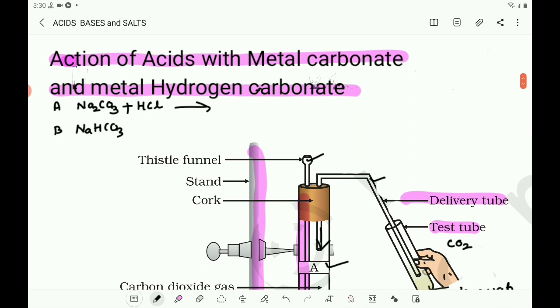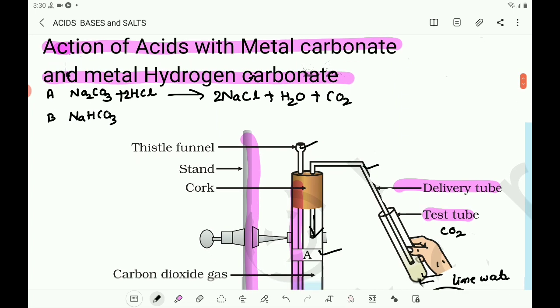Here you observe the reaction. In the first step, what is produced? NaCl plus water and CO2 gas. If you want to balance, you balance it with NaCl. Then this CO2 is made to pass through what?